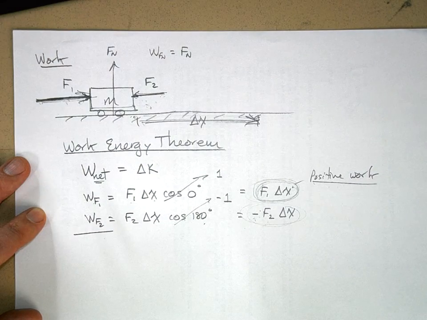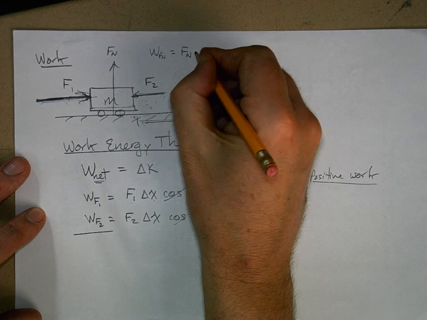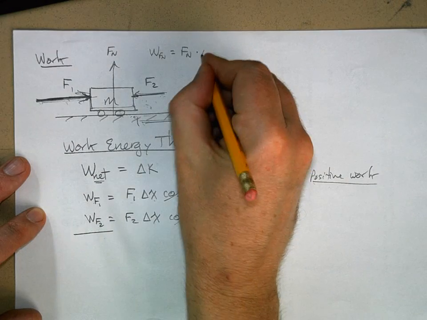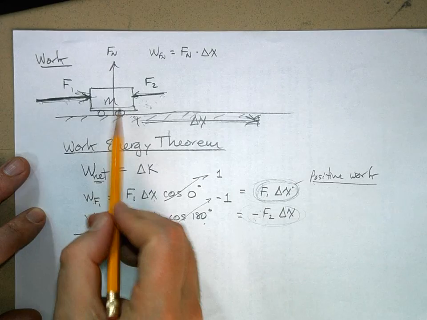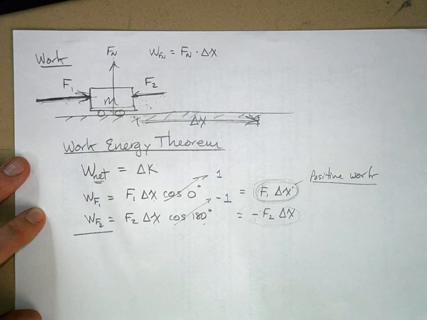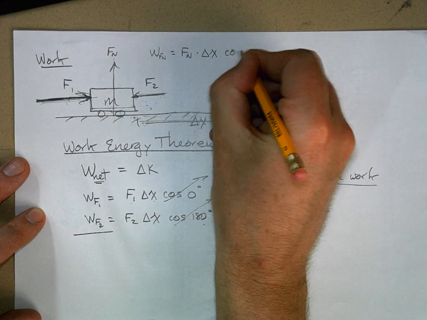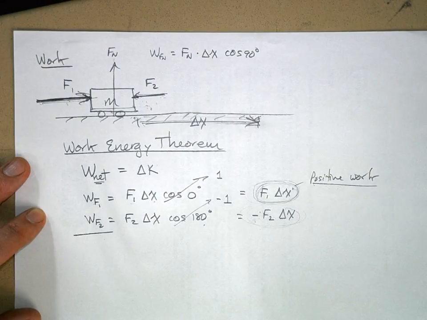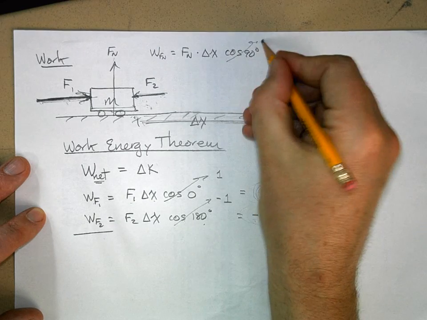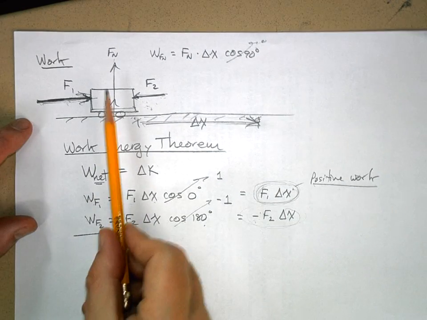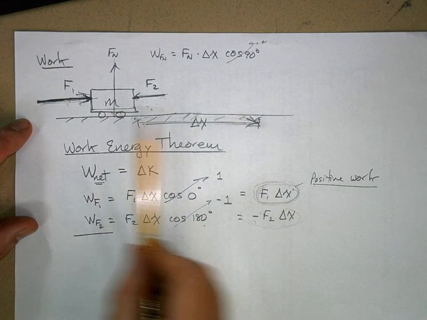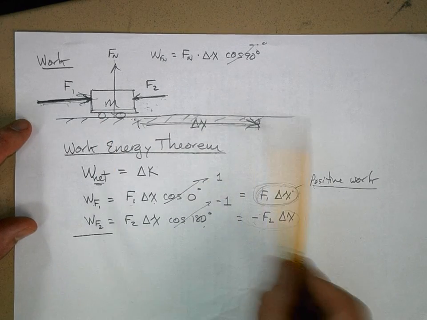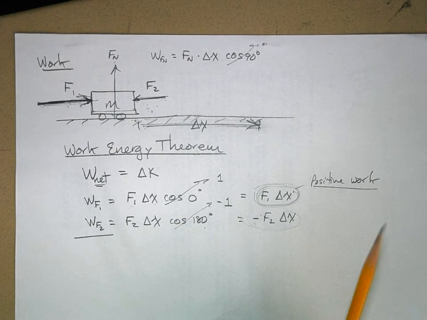It's just supporting the weight, times the displacement. But what's the angle between the normal force and the displacement? 90. And what's the cosine of 90 degrees? 0. Which means this force is applying, but it's really not trying to transfer any energy into or out of the system. It's not going to make it go faster. It's not going to make it go slower.